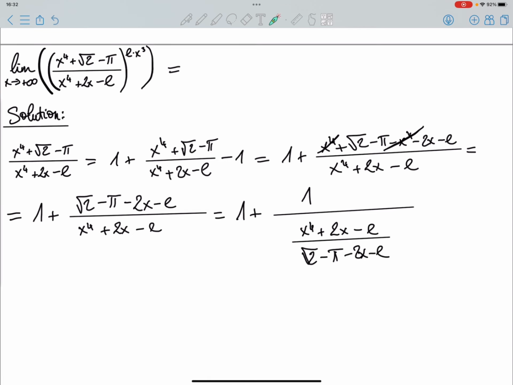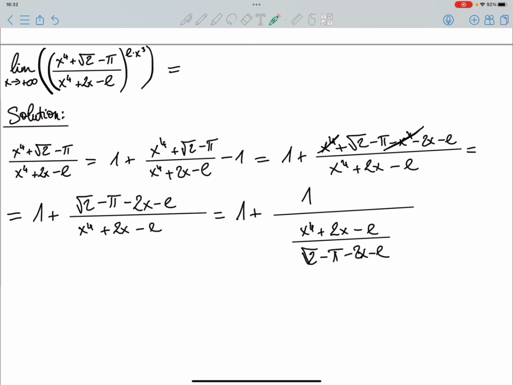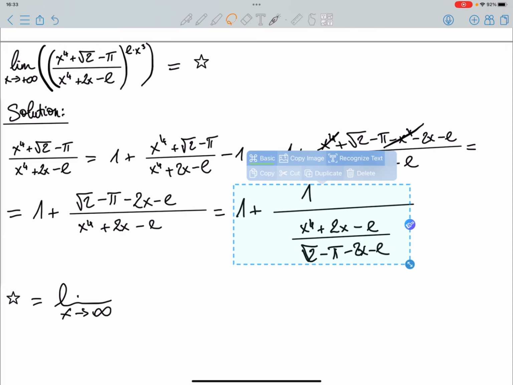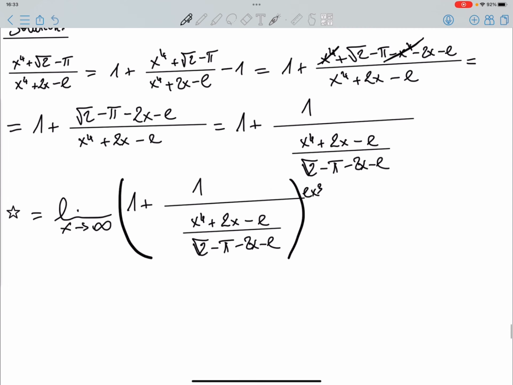Now we can see that this is basically equal to this, so we can write our limit as the limit as x tends to infinity of this function to the power of e x cubed.